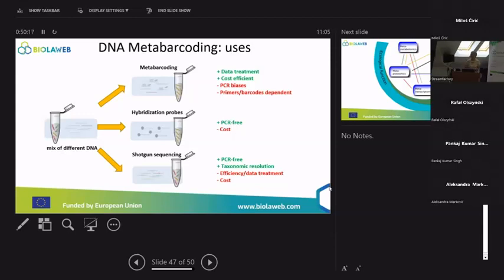But there is this PCR step which brings some biases, and Clarisse will probably go into some detail on that. And it's also dependent on the primers and the barcodes you are going to use, because with different primers or different barcodes, you may have more or less different results.